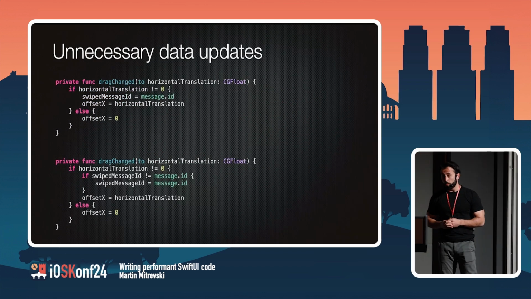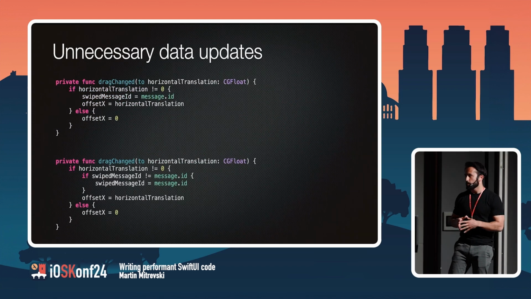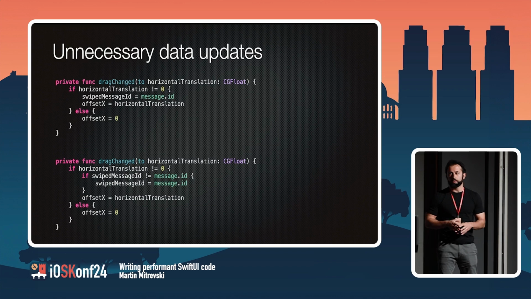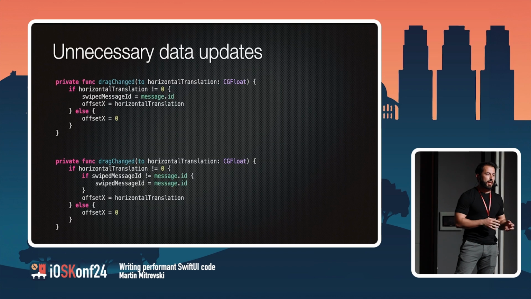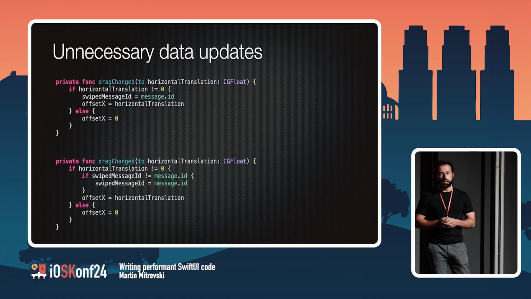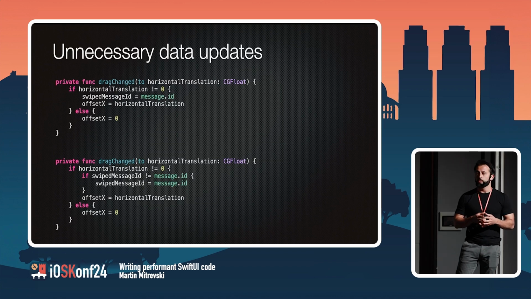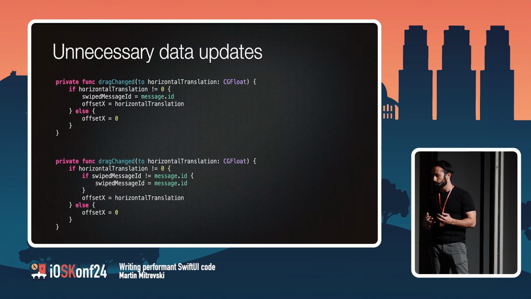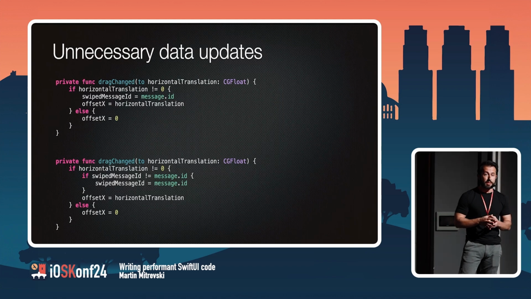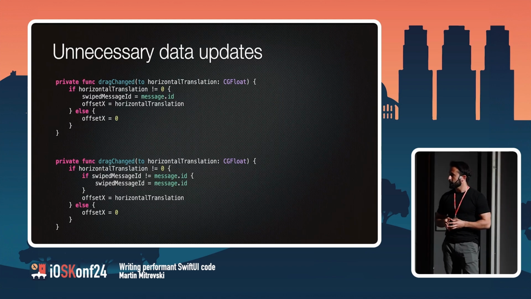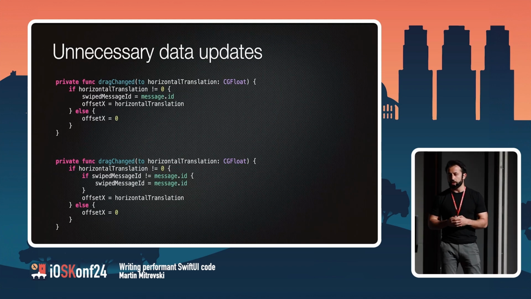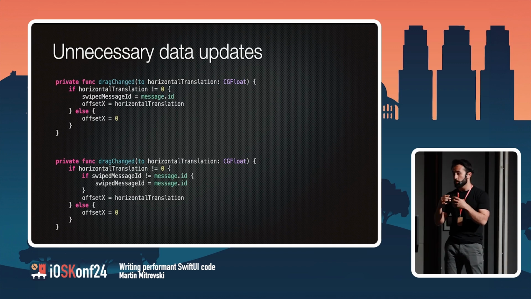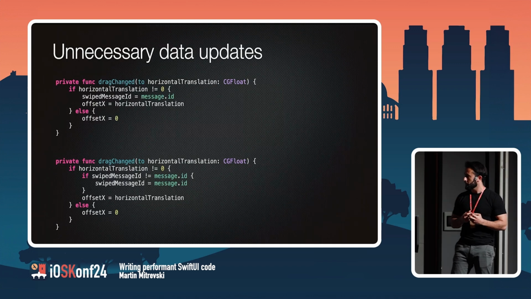On this topic also, unnecessary state updates can cause performance issues. One example is a custom gesture. When you do custom gestures, methods like onChanged are called many times per second. If you try to modify the state on every change, it can also change the view while you are dragging, so you will have a glitch.